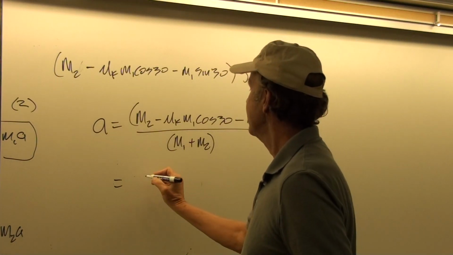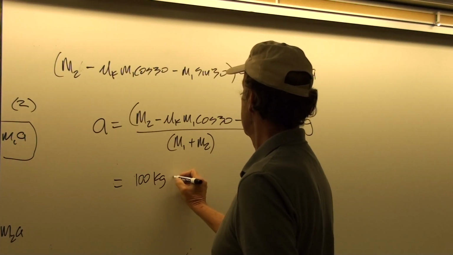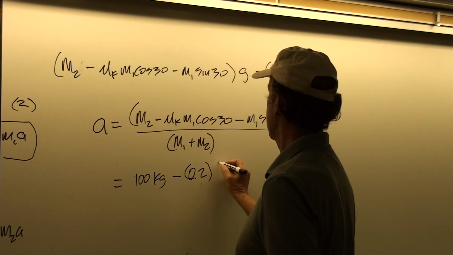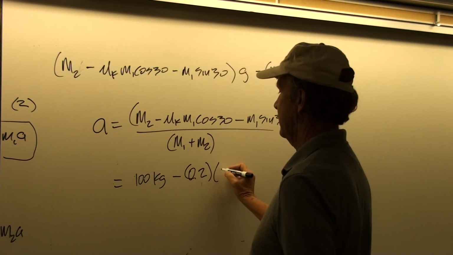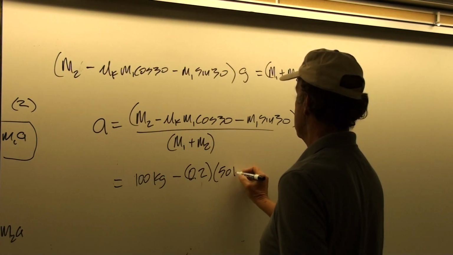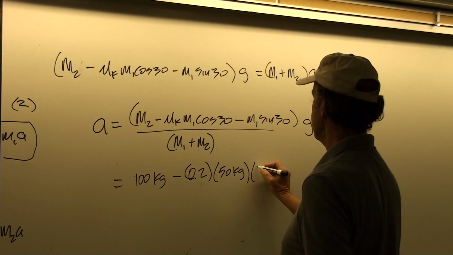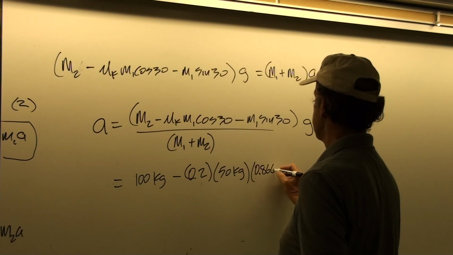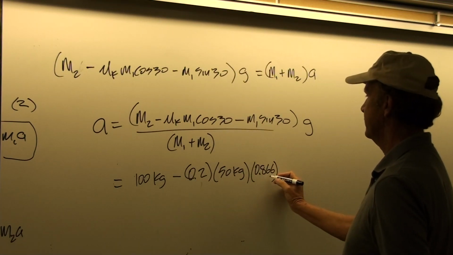Okay? And so here, this would be 100 kilograms minus mu k, so that's 0.2 times m1, which is, I'm sorry, this m2. m1 is 50 kilograms times the cosine of 30. That's root 3 over 2, or 0.866. It's the same thing as square root of 3 over 2 here.